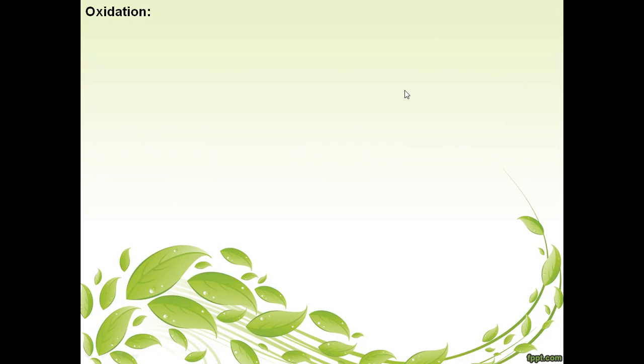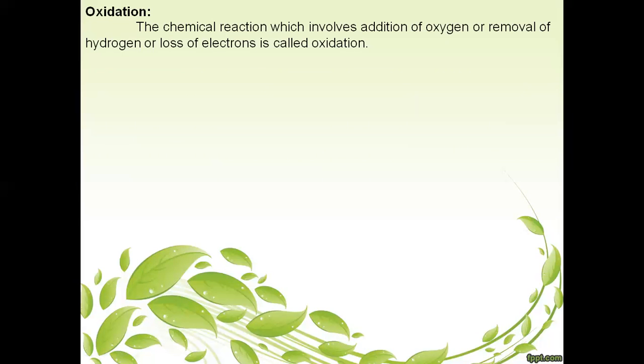So this is the definition of oxidation: a chemical reaction which involves addition of oxygen, or removal of hydrogen, or loss of electrons. This process or chemical reaction is called oxidation.